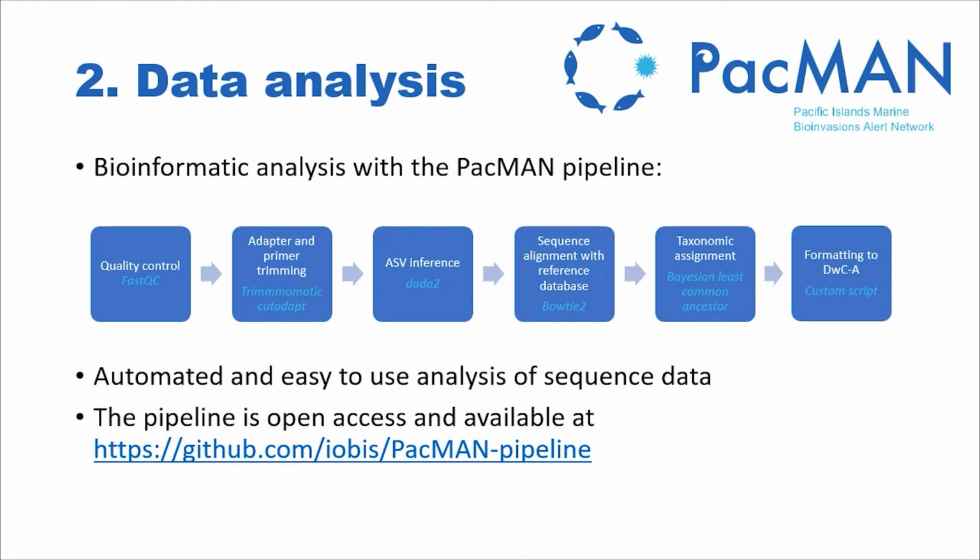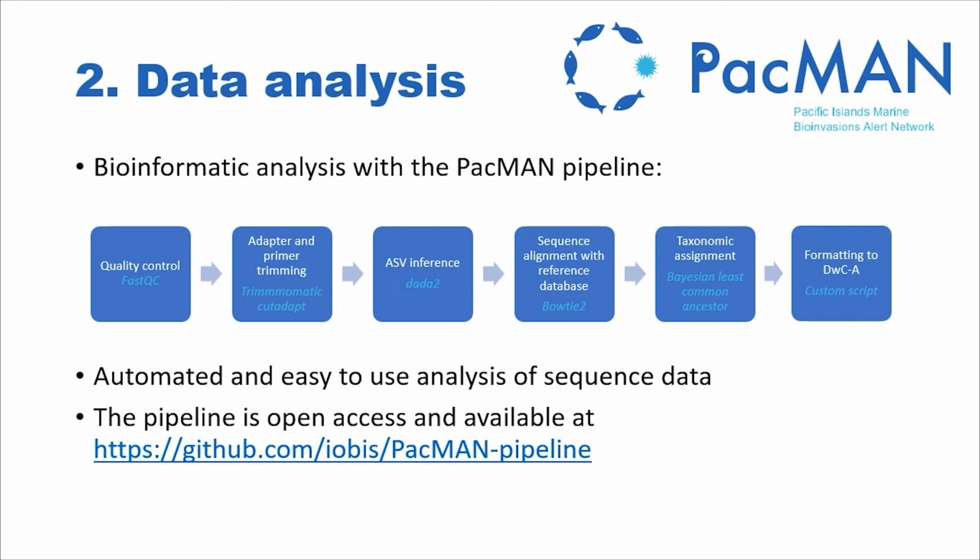These sequences are then aligned to reference databases, and the taxonomy is assigned based on probability. And finally, and most importantly, in our pipeline, this data with the metadata that is submitted is automatically formatted to Darwin Core Archive format, which then can be easily submitted to the public databases.